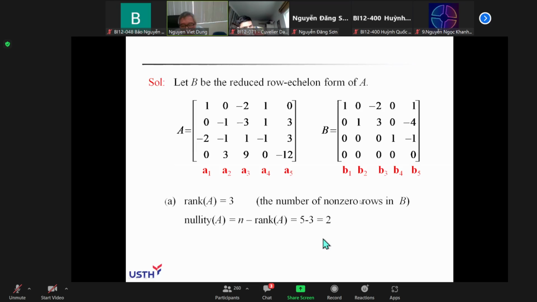So we look at the columns containing the leading one. We have the first column, the second column, and the fourth column. We have 3 columns containing the leading one, and they are a basis for the column space of B.